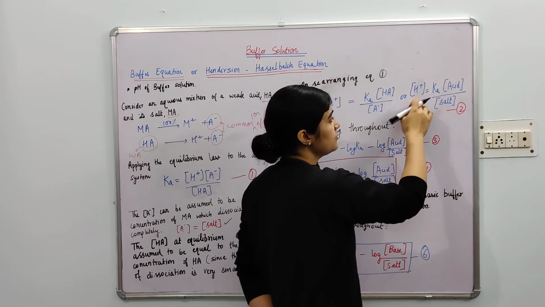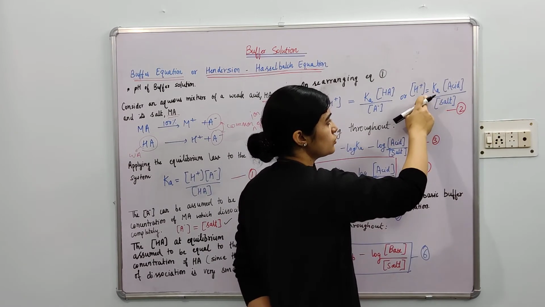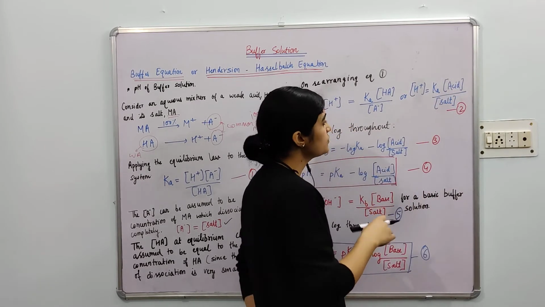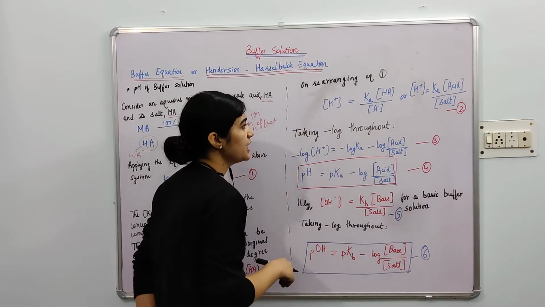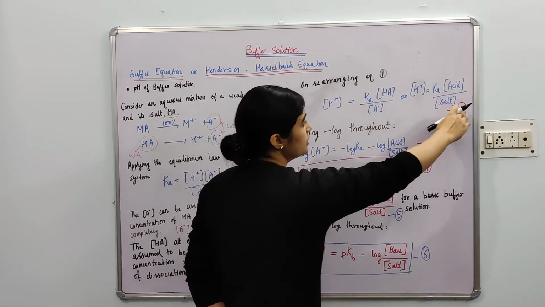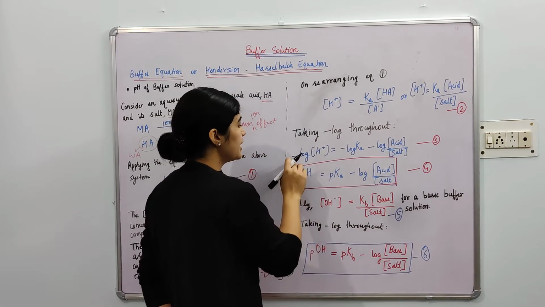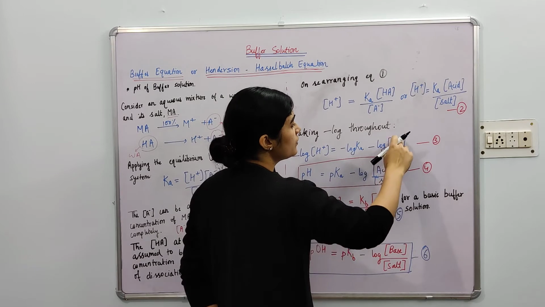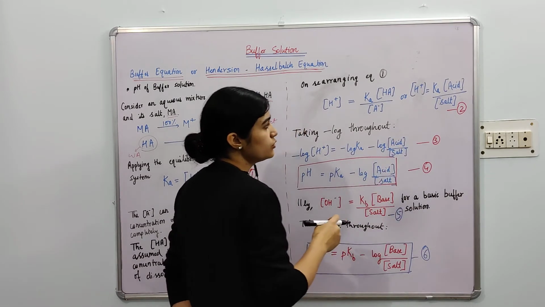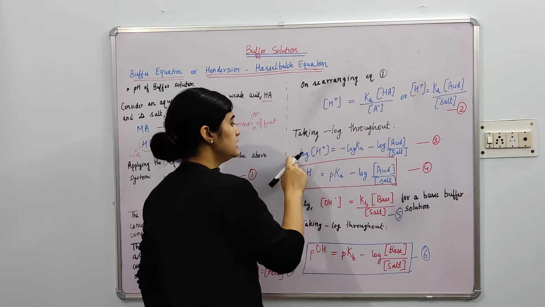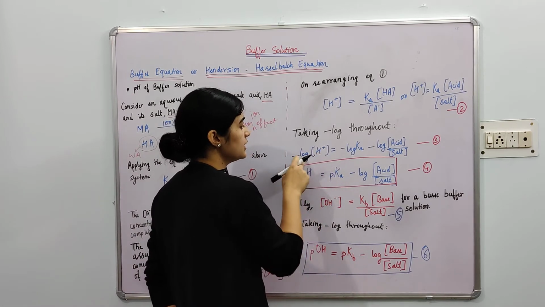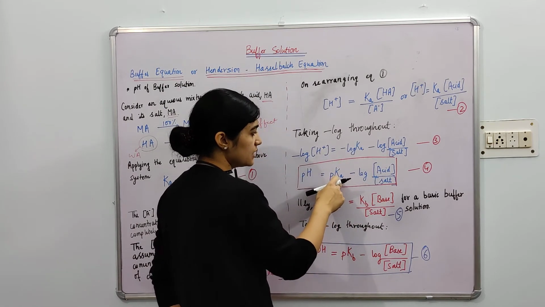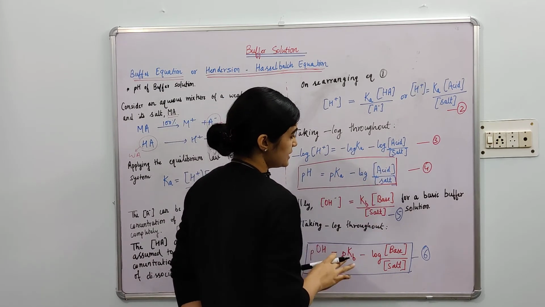Concentration of H positive is equal to Ka, that is acid dissociation constant, into concentration of acid divided by concentration of salt. Now if you take negative logarithm throughout the second equation, you will get minus log H positive is equal to minus log of Ka minus log of the ratio of concentration of acid to the salt. This minus log H positive is nothing but pH, and minus log Ka is nothing but pKa, and the remaining term is as it is.